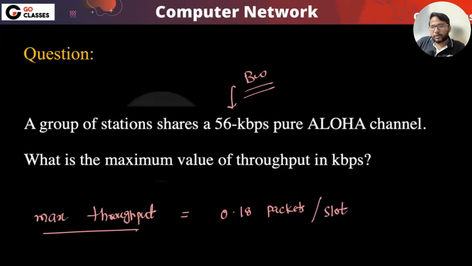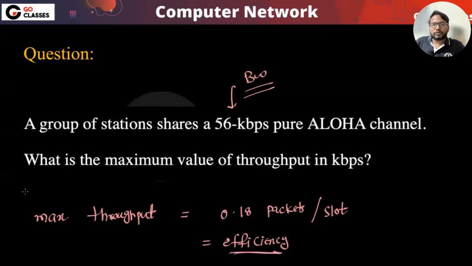This maximum throughput is also the efficiency. So the maximum efficiency that you can get is 0.18, right? Will the efficiency have any unit? No, right? So maximum throughput and efficiency are the same in Aloha.